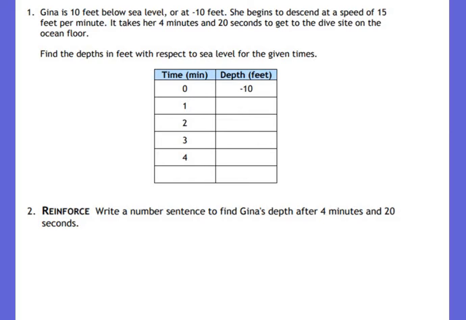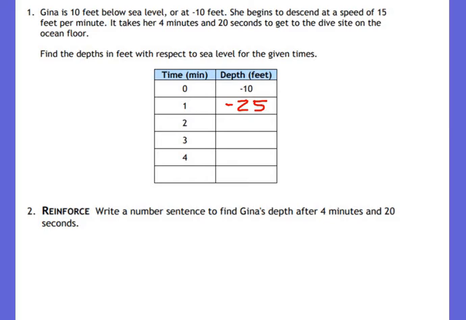So at 0 minutes, she's at negative 10. So at 1 minute, where would she be? If we're descending, going down 15 feet per minute, so she's going further down. That gets her at where? Negative 25.